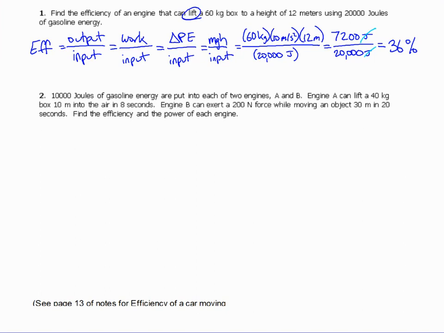So, example 2, 10,000 joules of gasoline energy are put into each of two engines, A and B. Engine A can lift a 40 kilogram box 10 meters into the air in 8 seconds. Engine B can exert a 200 Newton force while moving an object 30 meters in 20 seconds.